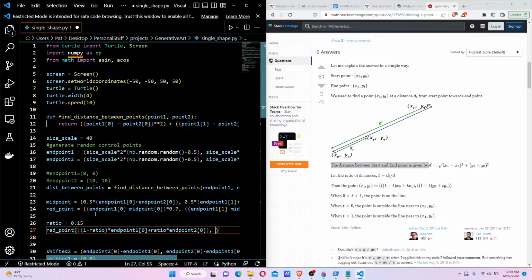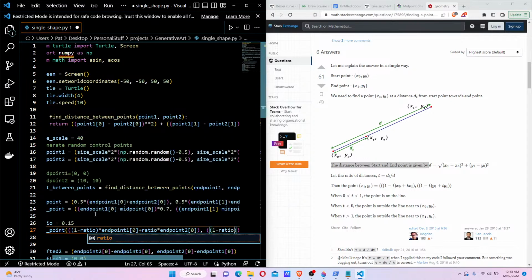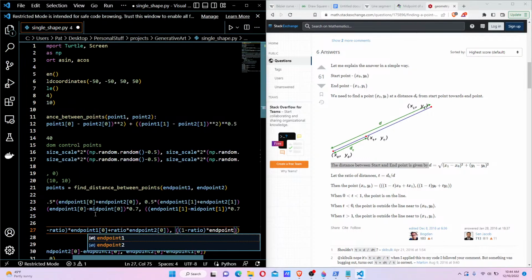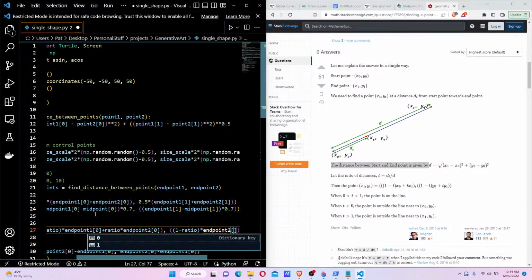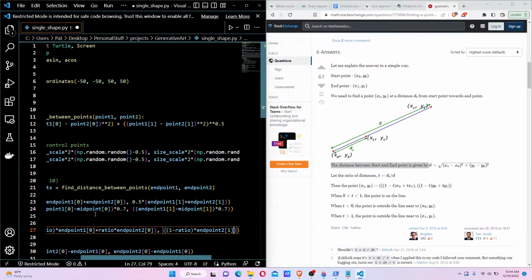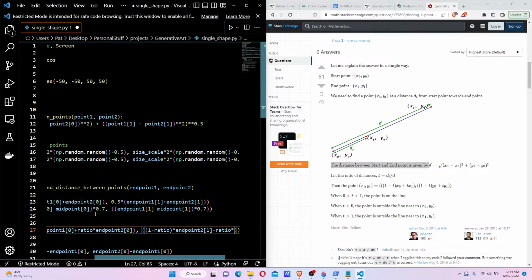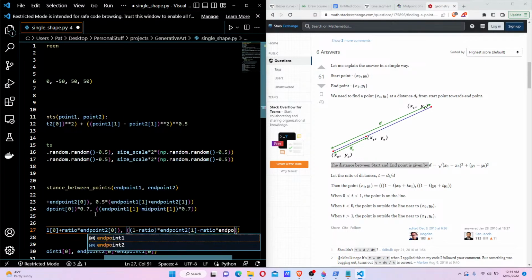And then comma, and the other point is 1 minus ratio times endpoint 2 of 1 minus, oh, yeah, minus ratio times endpoint.